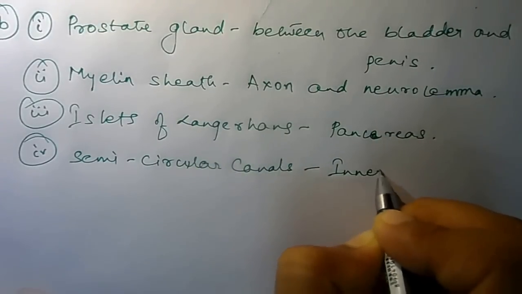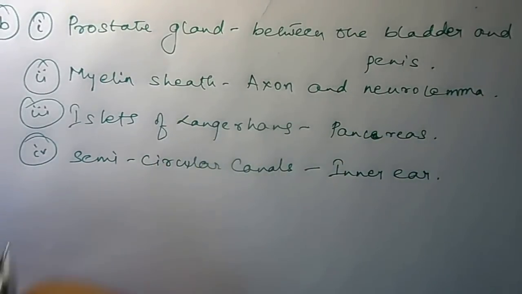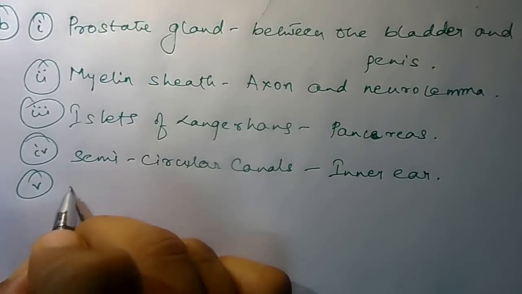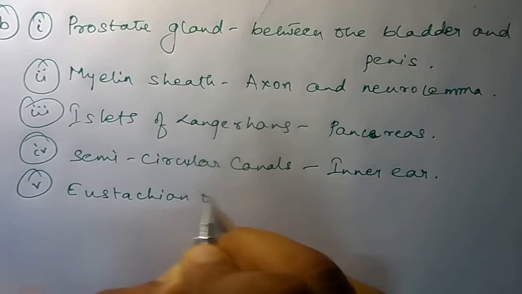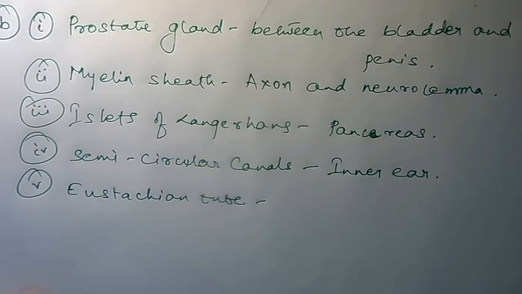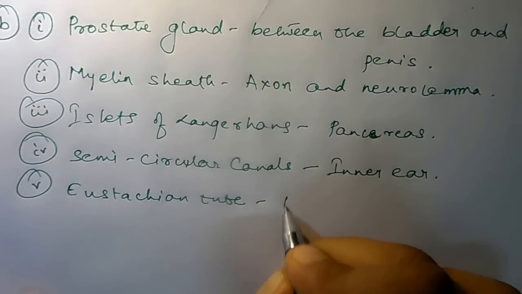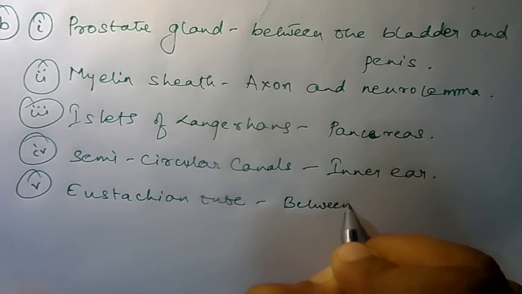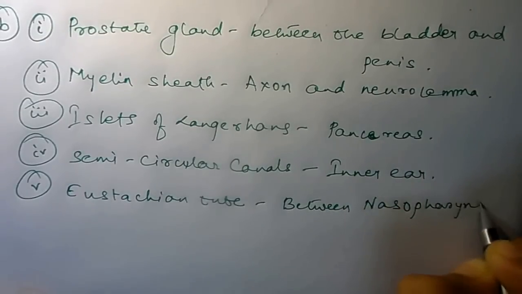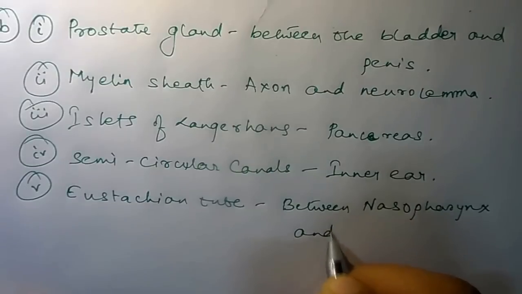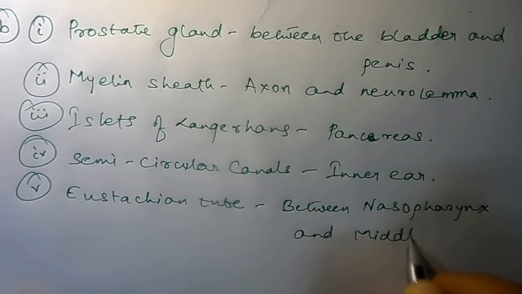They are in the inner ear. They form part of the inner ear. Next is Eustachian tube. They are also called the auditory tube, and they are located between nasopharynx and the middle ear.